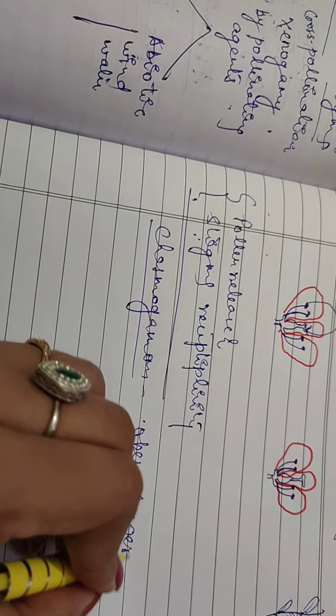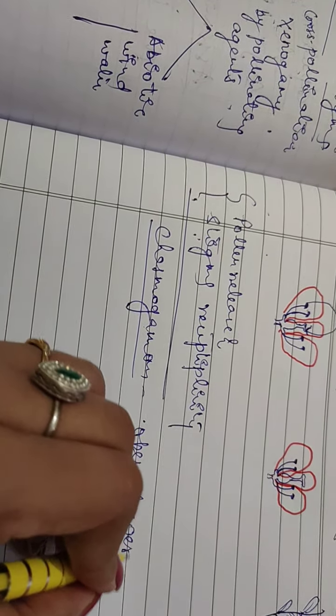Next is clistogamous. In this, the flowers remain closed, meaning they do not open at all, with anthers and stigma lying close to each other.